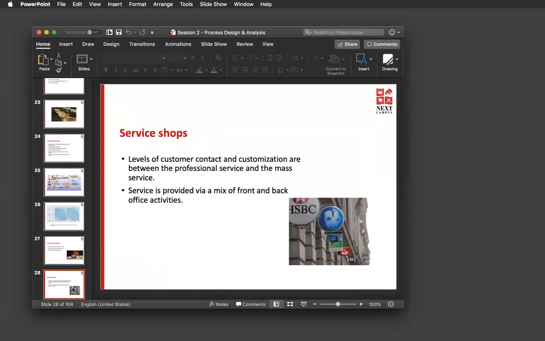You say, I want to open a fixed deposit. But the amount of money that you will be putting into the fixed deposit would be different from another person who wants to open another fixed deposit. So it's a service shop. There is a little bit of customization, but probably the nature of the service would be almost common. Okay.